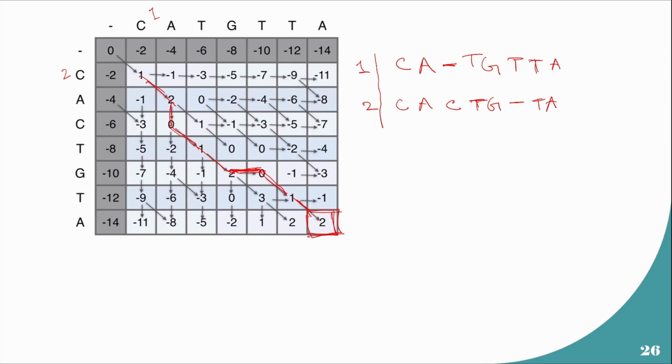Now, does anybody see whether we can get any other inference from this scoring and the traceback here, or just from this entire matrix?